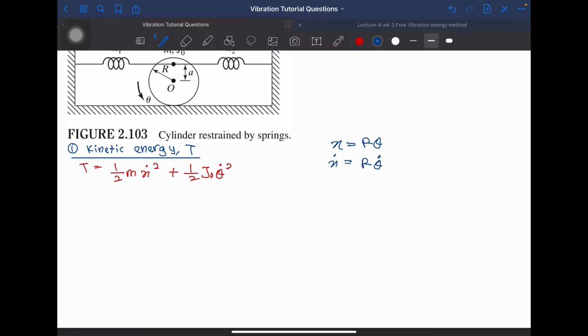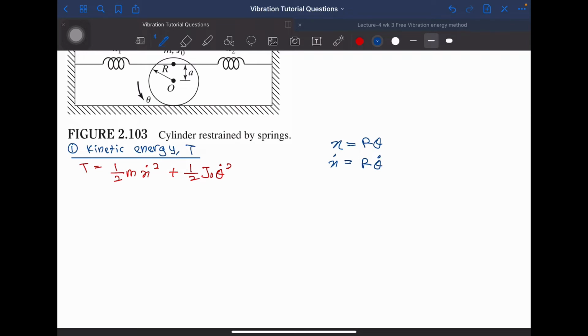Then I want to make everything in terms of m. I don't want m and J in one formula. Actually you can, but it depends on you. If you want to solve everything in terms of m, better that way.